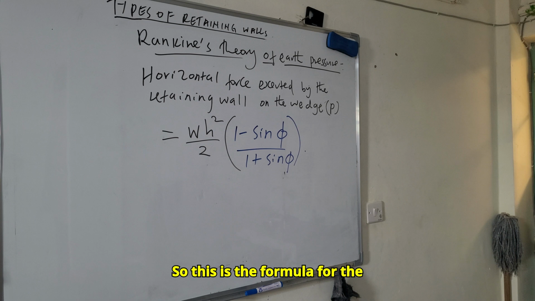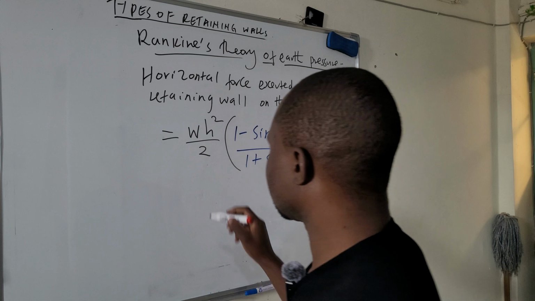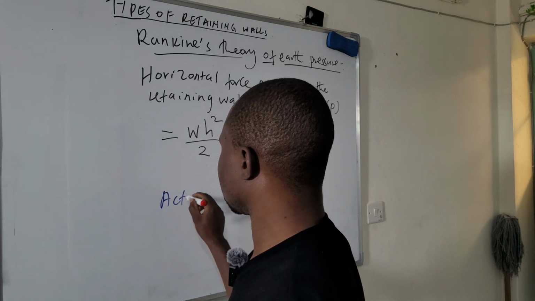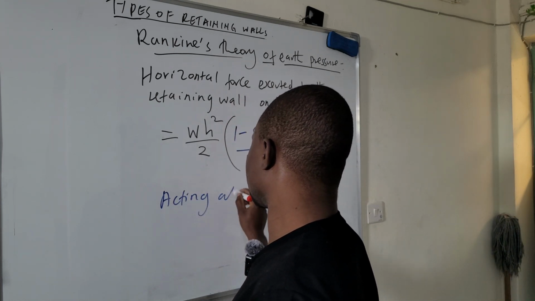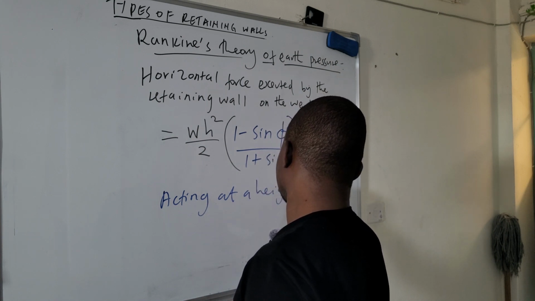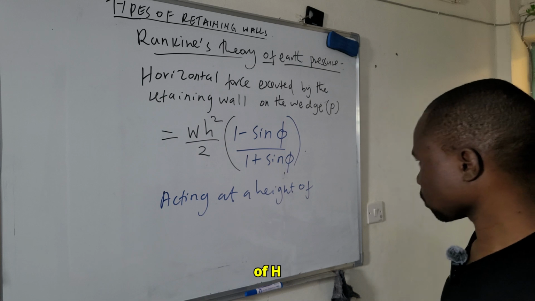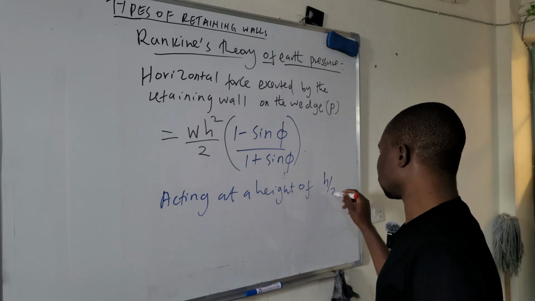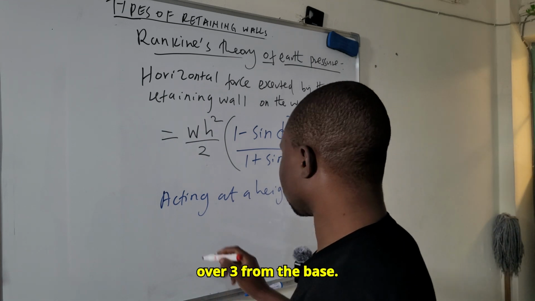So this is the formula for the horizontal force P on the retaining wall, acting at a height of h over 3 from the base.